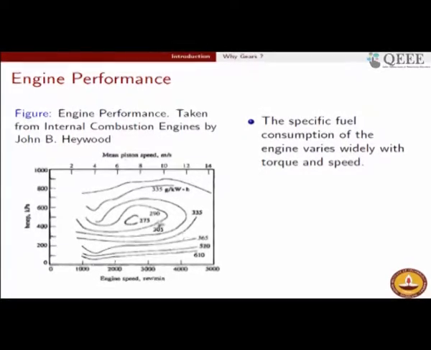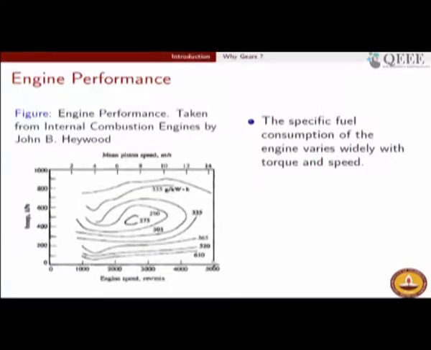So what it shows is that this fuel consumption is least at a very small range of speed and a small range of torque. So the fuel consumption will vary if the torque and the speed vary in an engine. The customer wants a varied torque and a varied speed, but also at minimal possible cost, right.